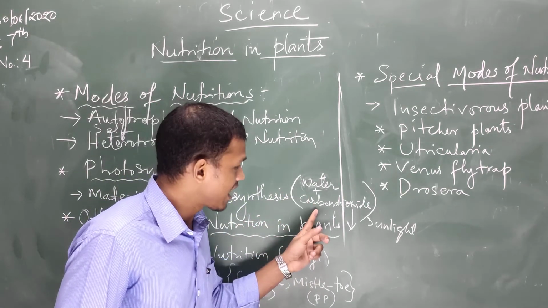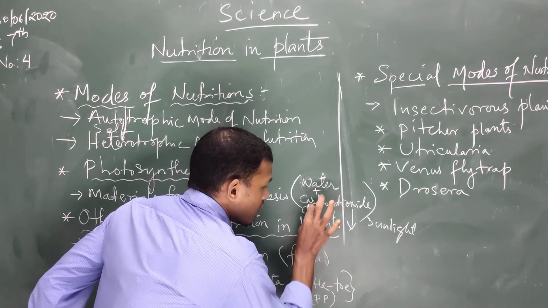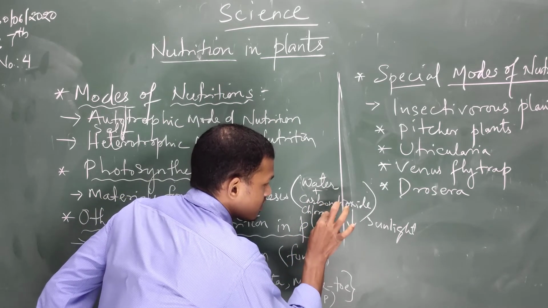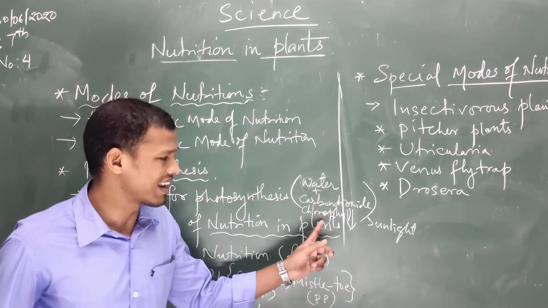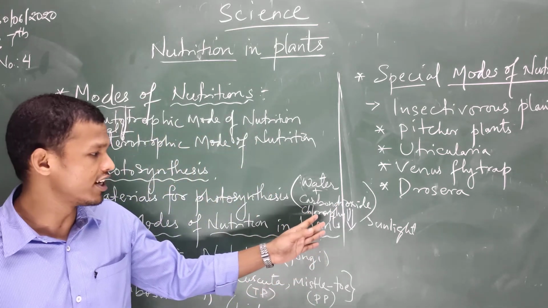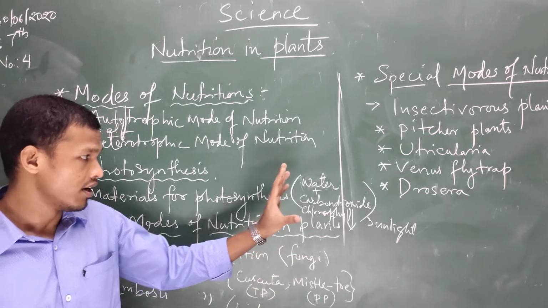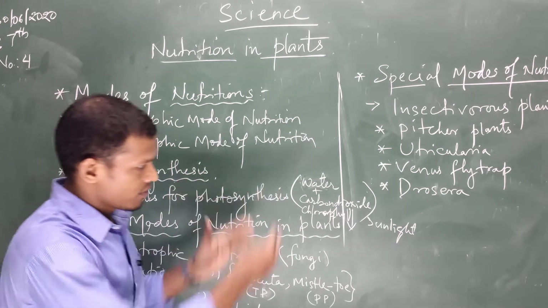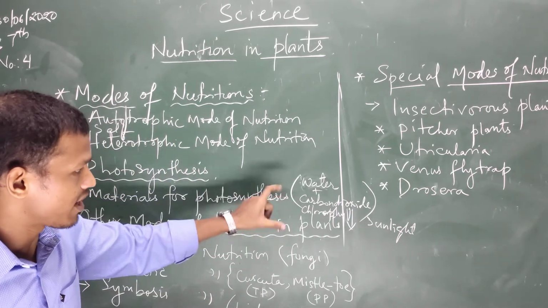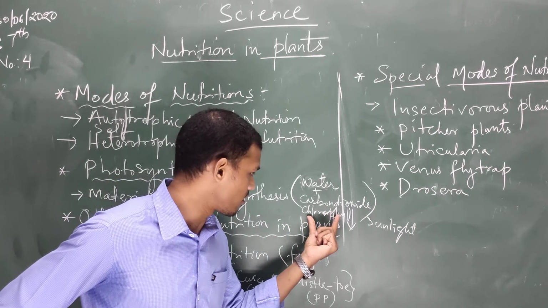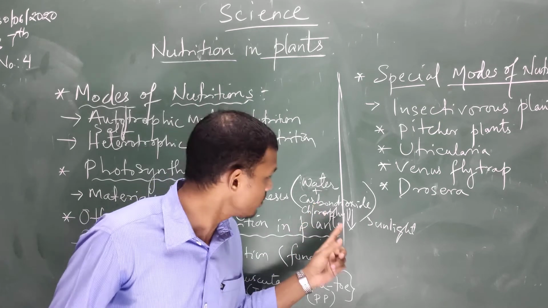So, water and carbon dioxide in the presence of sunlight and chlorophyll. You can see this equation in the textbook and you will understand. But I am writing some explanation regarding this process here.